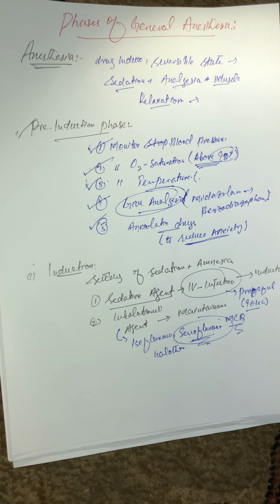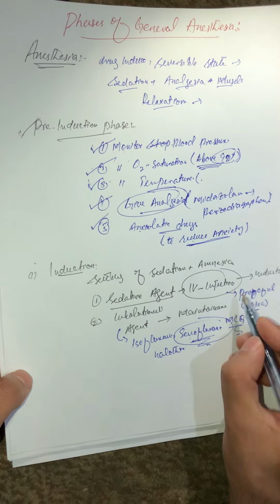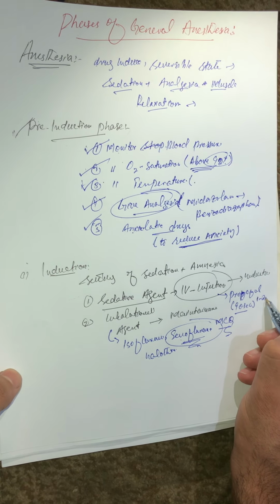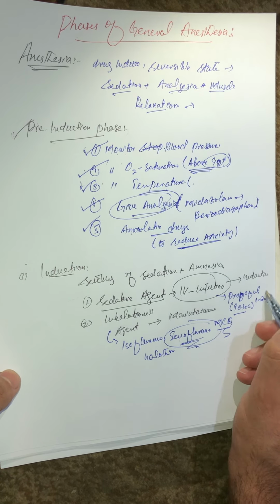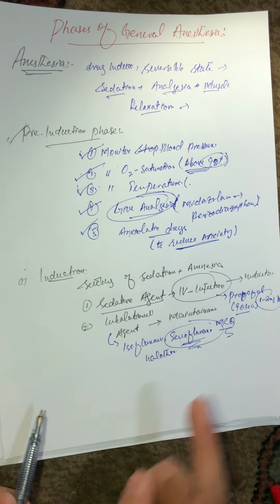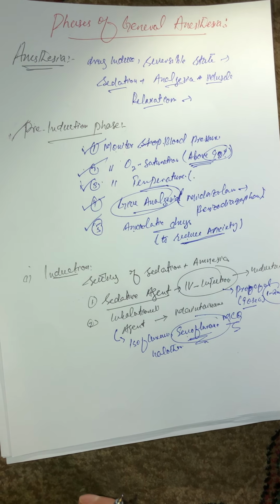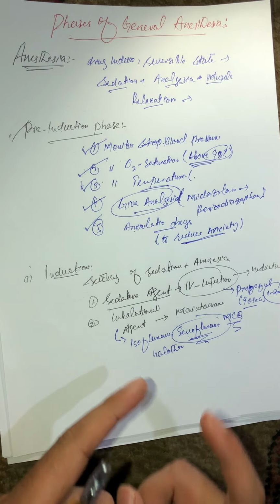The patient will go to sedation after the propofol injection, which is usually used at 1 to 2 milligram per kilogram of body weight. So the patient will go to sedation, and to prevent the fall of the tongue we will do two types of procedure.